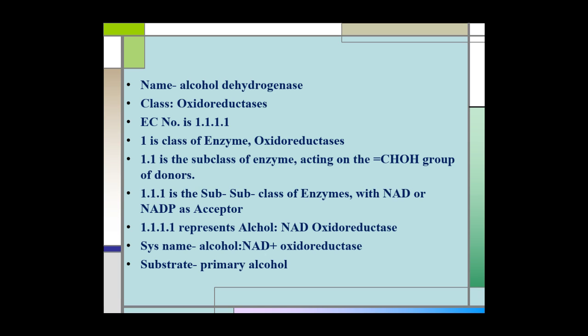The third one is a subclass of enzyme with NAD or NADP as acceptor, and the fourth one represents alcohol NAD oxidoreductase. The systematic name for this enzyme is alcohol NAD plus oxidoreductase, as the substrate is primary alcohol.